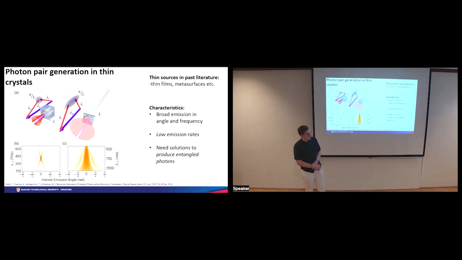So in most of these current studies, the photon pair generation rates of these samples are usually way lower than what would be needed, for example, for actual computation needs, or any kind of actual application needs. And then of course we still need to find more ways to generate entangled photons, which I will talk about a little bit more in a bit.